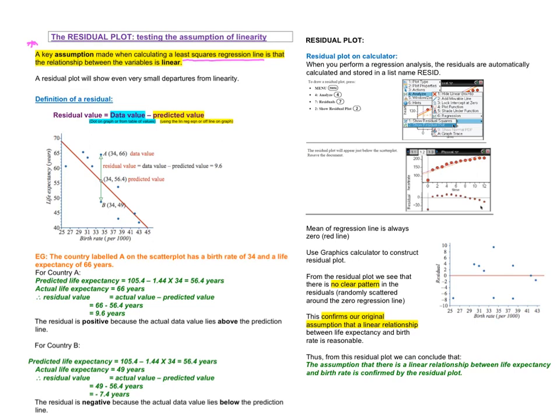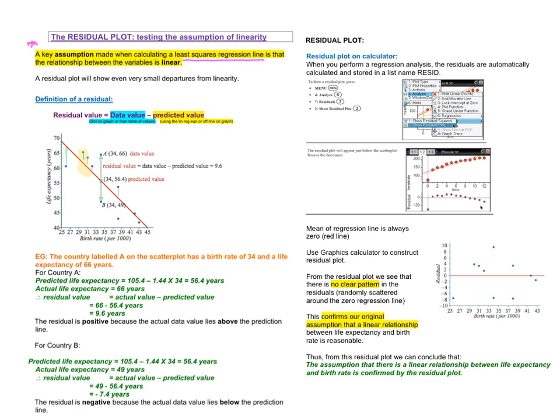So we have a test to see if it really is following a linear pattern, and that's called the residual plot. The residual plot is when you plot all the little residual values. If you have a look here, all these distances are the residuals.